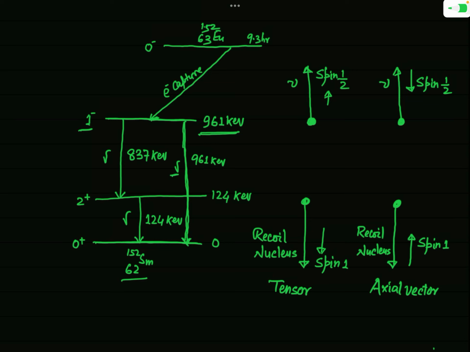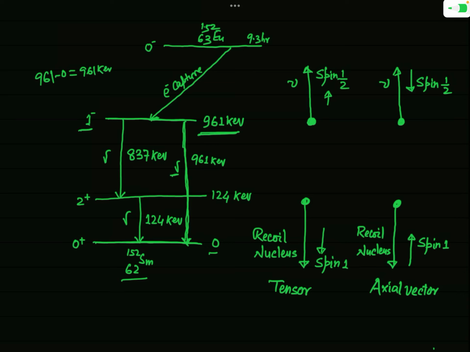Since the energy of the excited state is 961 kiloelectron volt and that of the ground state is 0, the energy of this gamma photon will be 961 minus 0, which is equal to 961 kiloelectron volt. So after emitting a gamma photon of 961 kiloelectron volt, this Sm nucleus in its second excited state goes to the ground state.